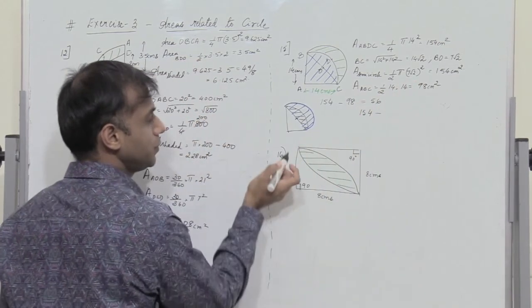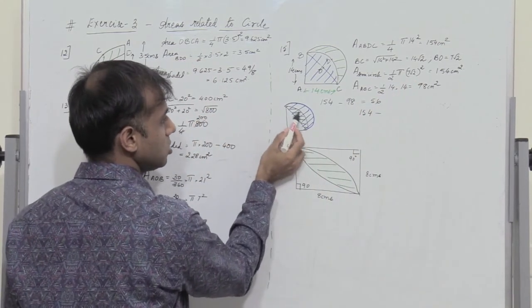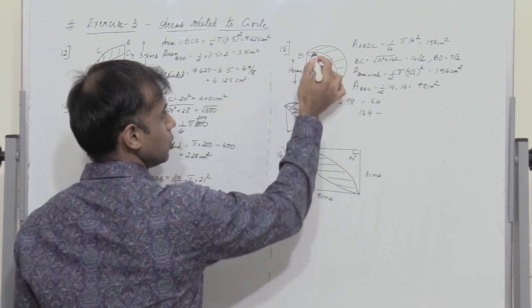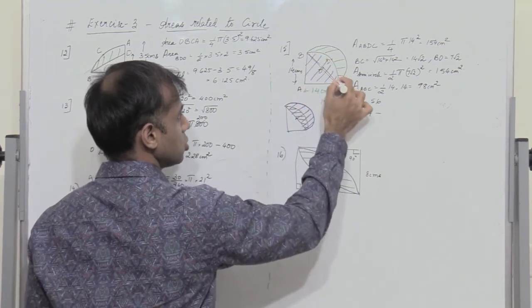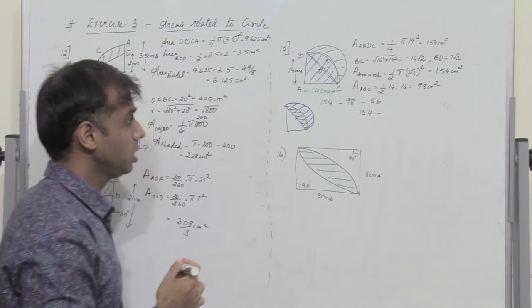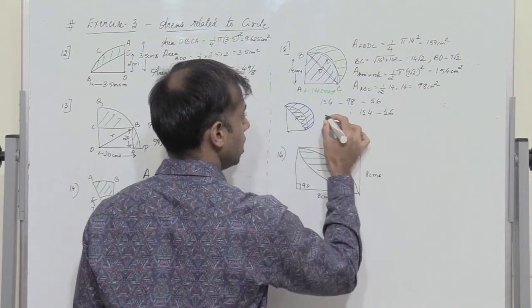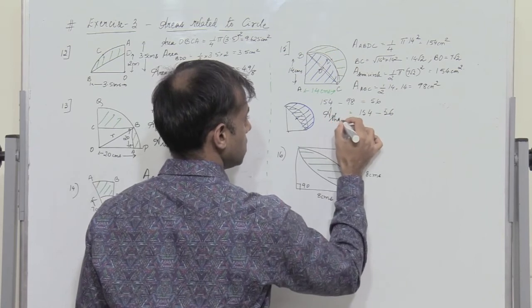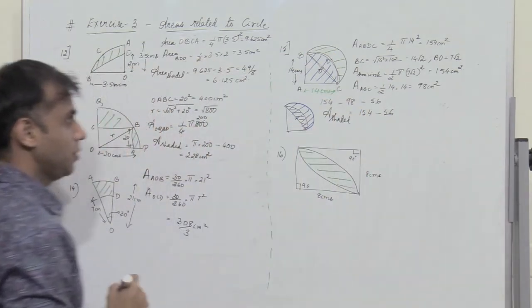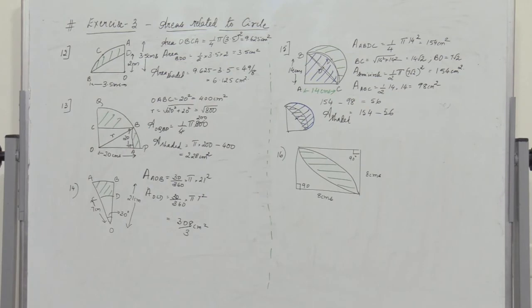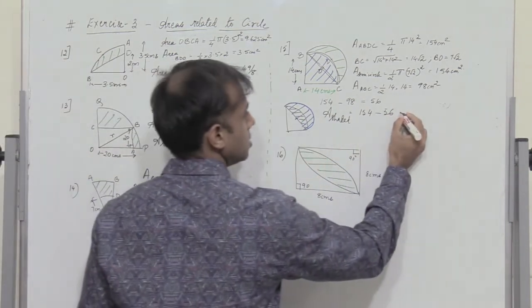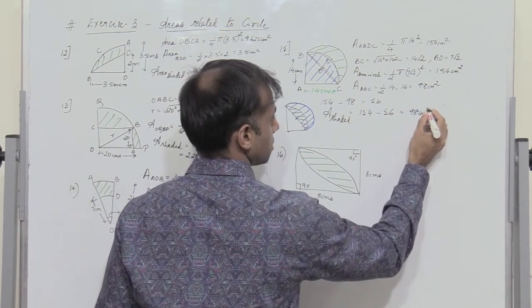So from 154 I need to subtract this region which is shaded in black, to remove this entire region. So this area has to be removed, isn't it? That is 56, so I subtract 56 from 154. So the area of the shaded region is 154 minus 56, which gives us 98 centimeter square.